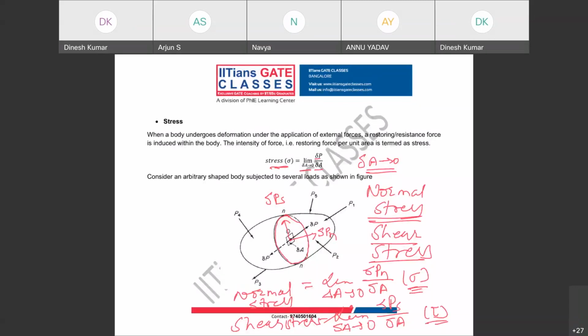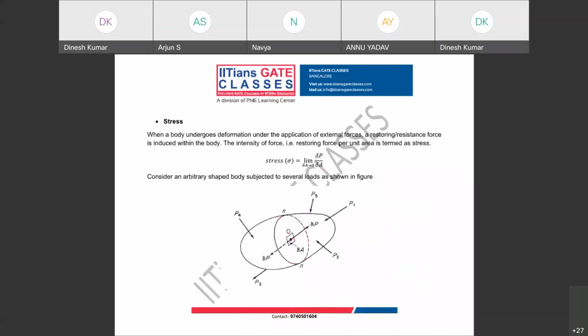To understand that stress is a tensorial quantity, what you can do is take an arbitrary shaped body. Now it is subjected to multiple loads P1, P2, P3 and so on, up to Pn. Suppose I want to know what my stress is at this particular point.